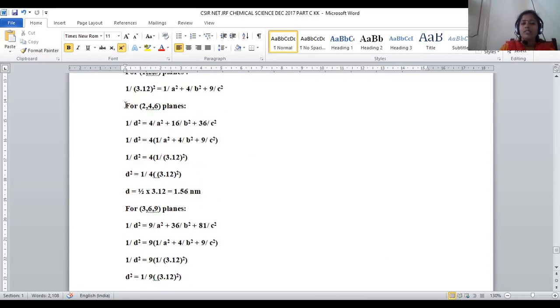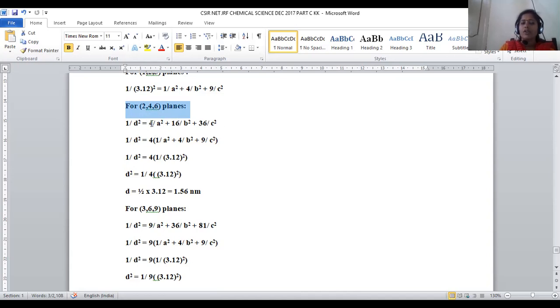Right. So now let us move on to the second plane, which is given as the 2, 4, 6 plane. When the 2, 4, 6 plane was given, the formula will be 1 by d square is equal to 2 square by a square, 4 square by b square, plus 6 square by c square. 2 square is nothing but 4, 4 square is nothing but 16, 6 square is nothing but 36. Okay.